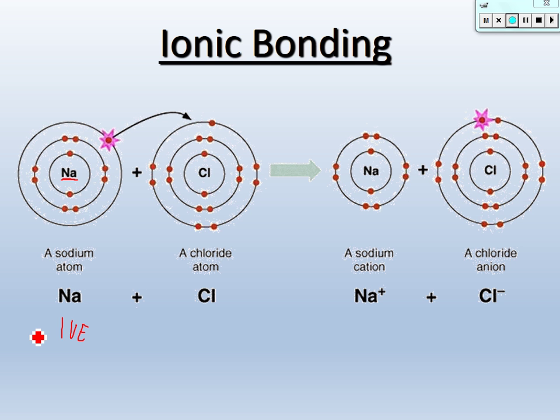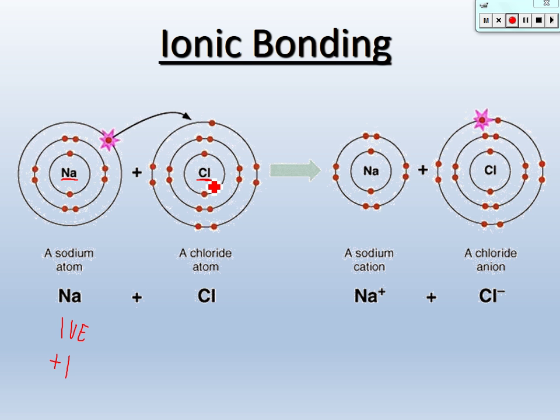Lose. What charge is it going to have if it loses that one electron? A +1 charge. This is its valence electron here. It really wants to lose it because that's easier for sodium than to gain 7 more.